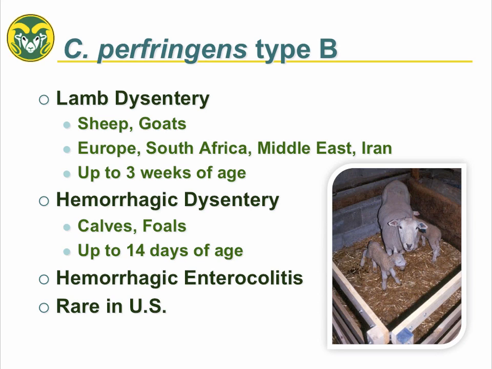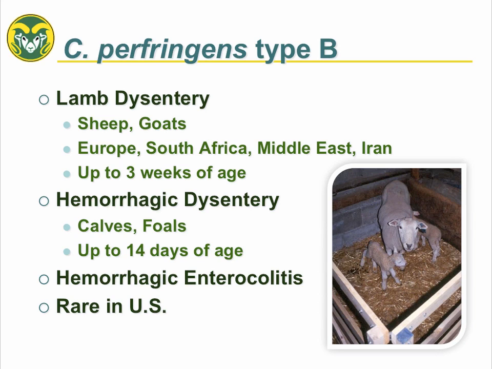So if we get into type B, lamb dysentery, not seen much in the US, reported more in other countries. Again, it's up to 3 weeks of age, but realistically you're down to 2 weeks or less in these animals. Hemorrhagic dysentery, calves, can occur in foals as well. And then classic hemorrhagic enterocolitis.